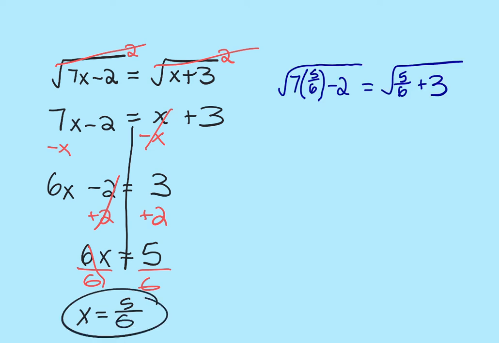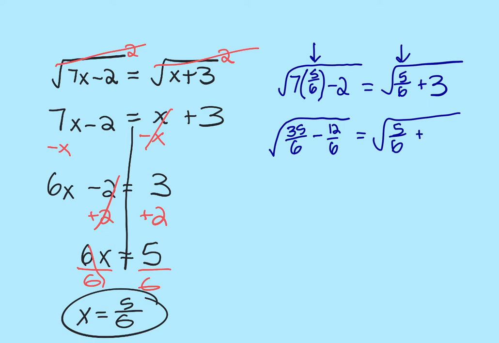And now I need to check my solutions. So I just am plugging in my answer in for x on both sides. All right, so let's simplify. So 7 times 5/6, that's going to be 35 over 6. And to get a common denominator, I'm going to turn the 2 into 12/6 equals the square root of 5 over 6.